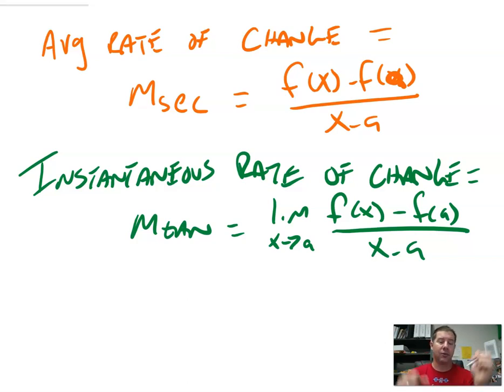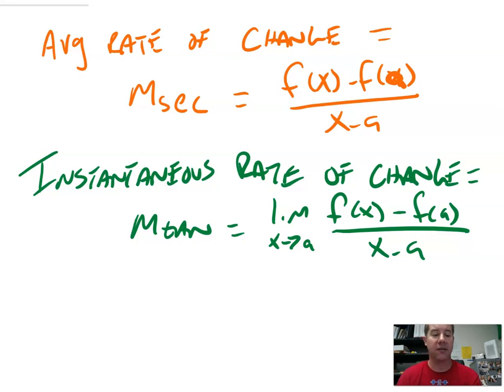The slope of the secant line is just between 2 points. The slope of the tangent line is as I move that second point closer to the first, so I'm taking the limit as x approaches a of the slope of the secant line. That is our first definition of the slope of a tangent line.